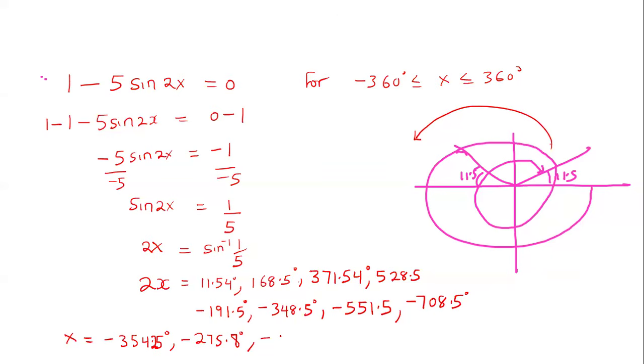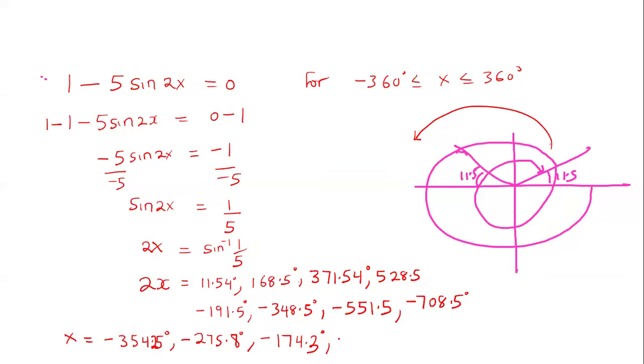We get negative 174.3. So negative 191.5 divided by 2.